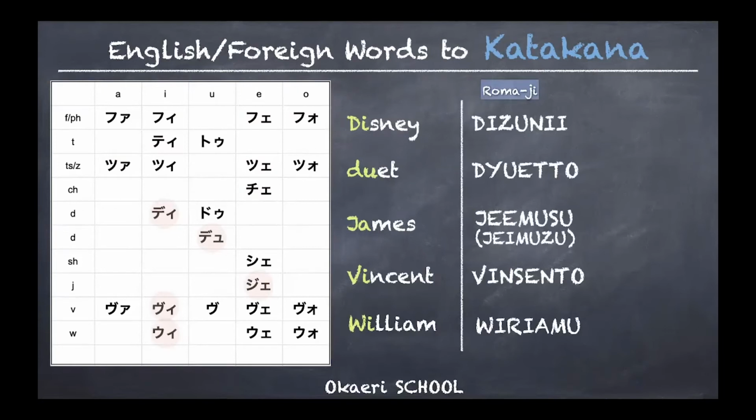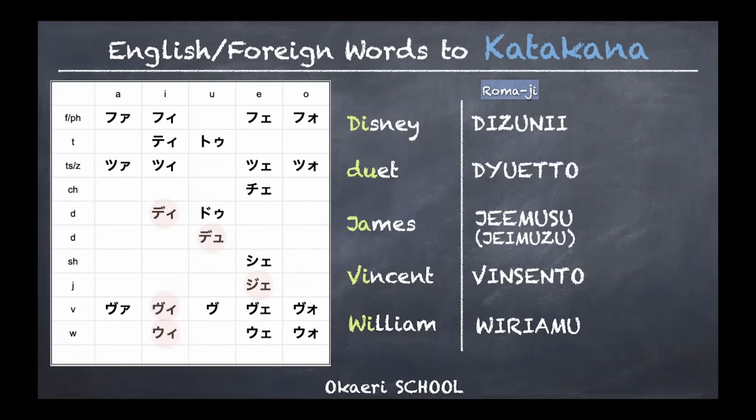The D sound can be found in this table. So D with U, as in du in German or Danish, that would be du. But as in du in duet, that would be different. So there are some differences in Japanese as well. In Romaji, I have put a y in between to make it clear.